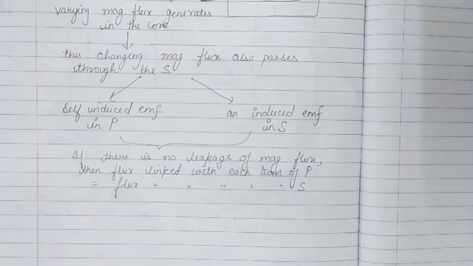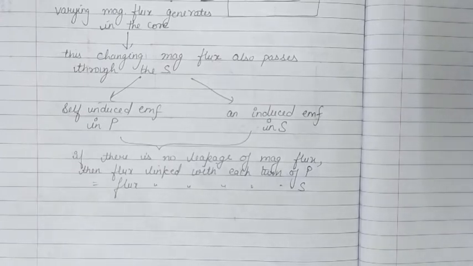The reason for using the same iron core is that we want no leakage of magnetic flux. We don't want any kind of leakage. That's why we are using the same soft iron core for both the coils. Because of using the same soft iron core, there is no leakage of magnetic flux. Flux linked with each turn of the primary coil is equal to the flux linked with each turn of the secondary coil.